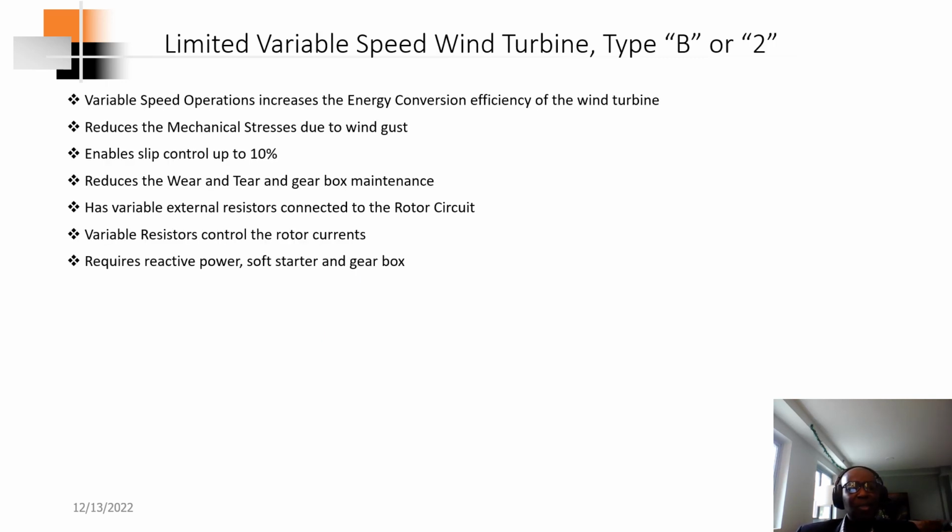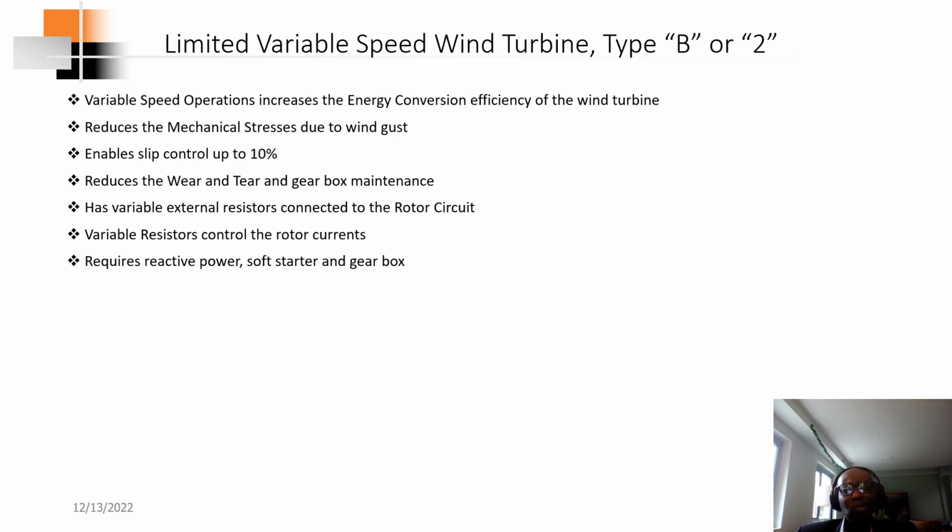Now, it has much higher energy conversion efficiency than the type A, and it also reduces the mechanical stresses, as compared to the type A, that are due to wind gusts. It allows variable speed and slip control up to about 10%.